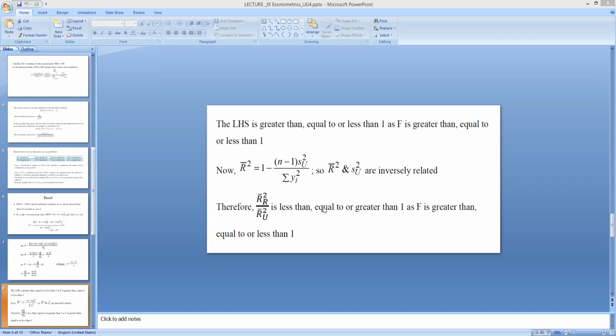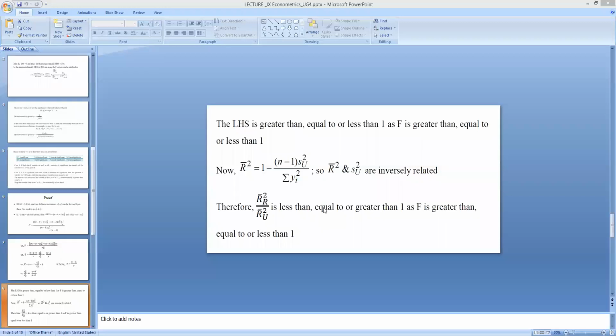And thus, RR bar square and SR square are also inversely related. Could you complete up to this?